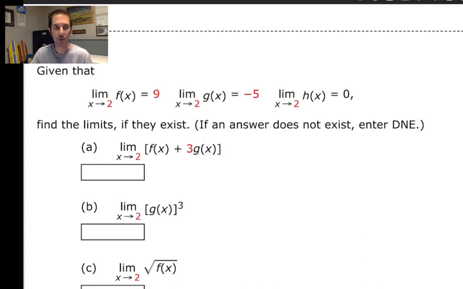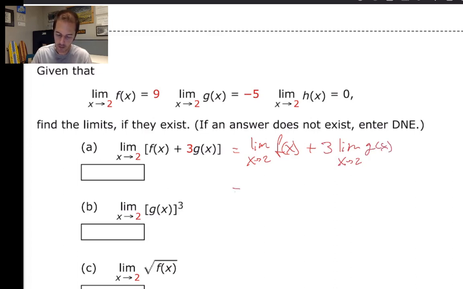For g of x, we're approaching a y value of -5, and for h of x, a y value of 0. And so in this first problem, again, we can sort of do some distribution. We've got the limit as x approaches 2 of f of x plus, let's factor the 3 out, and we'll multiply it times the limit of g of x as x approaches 2.